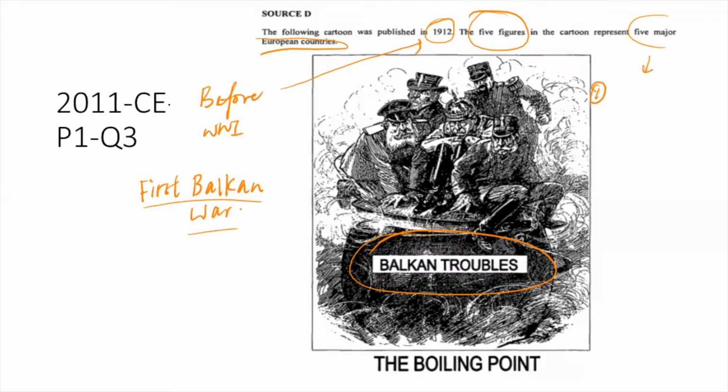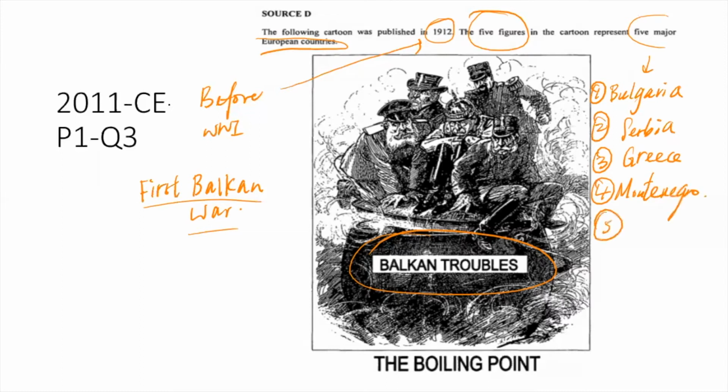As for the 5 important European nations, because it's about the First Balkan War, it's about Bulgaria, Serbia, Greece, Montenegro, and the Ottoman Empire. So we can see how much information we can get from the wording in the caption alone. So make sure to read the captions carefully when handling database questions, especially when reading cartoons.